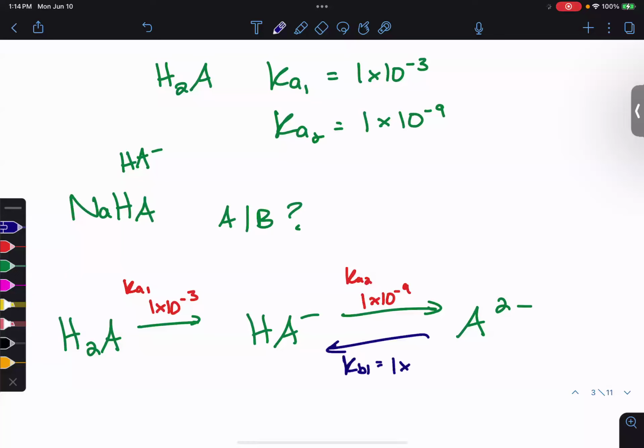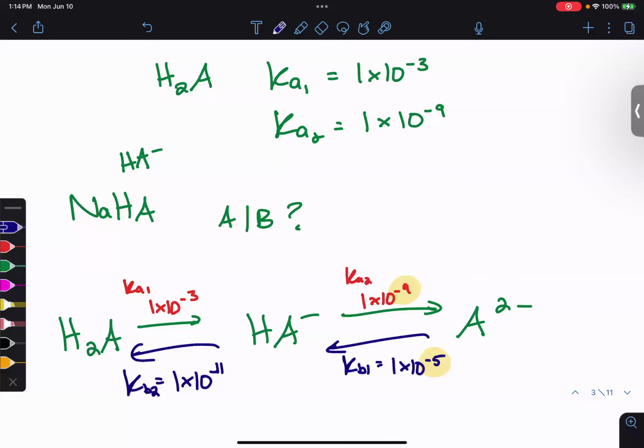This is equal to 1 times 10 to the negative 5. How do I know that? Ka2 and Kb1 have to multiply to give Kw because it's the same acid-base conjugate pair. When HA minus acts as a base, what is its Kb? 1 times 10 to the negative 11. Yes, negative 11. So this is Kb2.